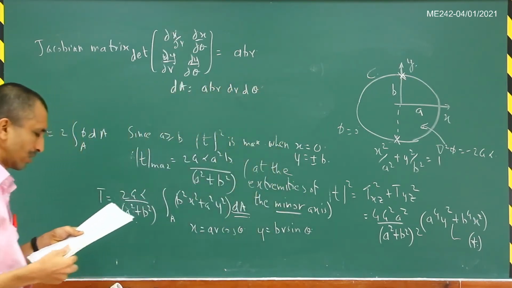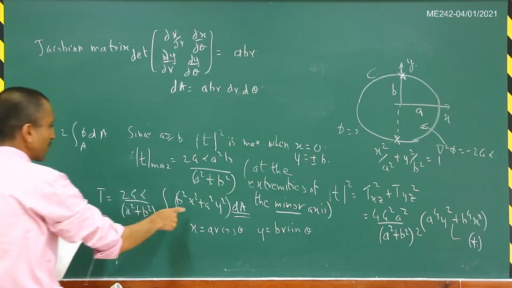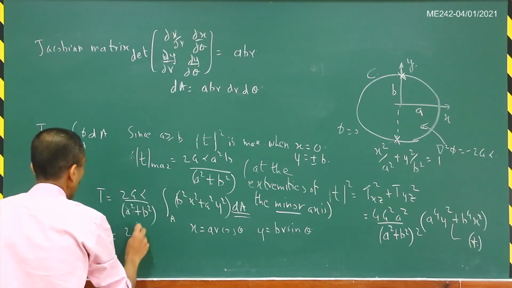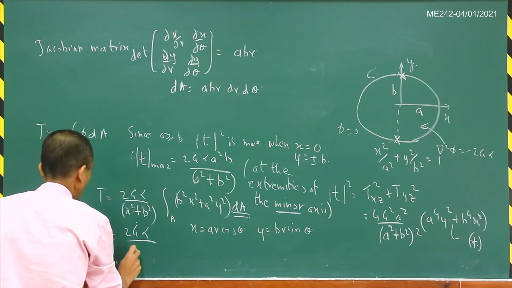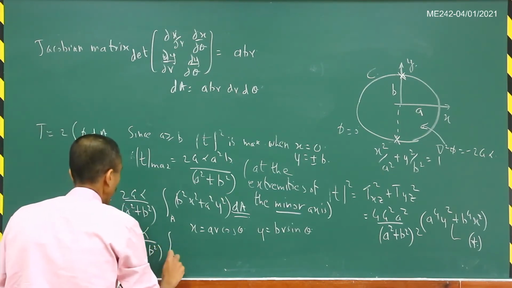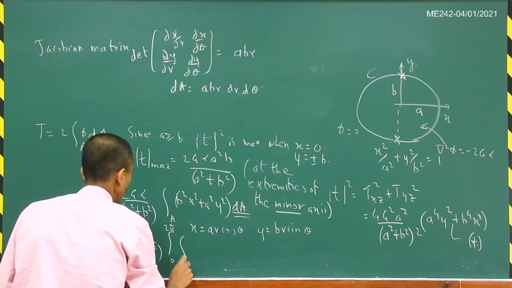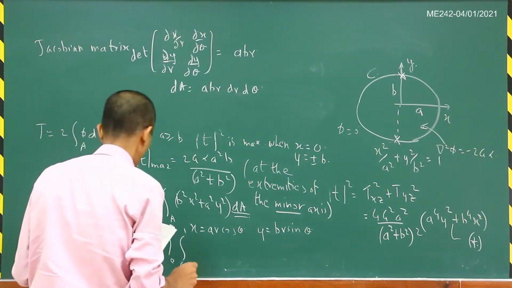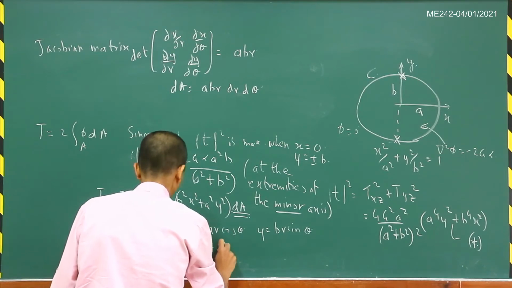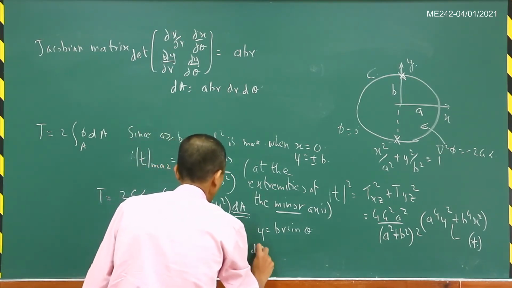Using this Jacobian, this is what we will get. So let us now evaluate this particular integral. This will be equal to 2G alpha divided by a square plus b square, integral from 0 to 2 pi, and then integral from 0 to 1, of a square b square r square times a b r dr d theta.